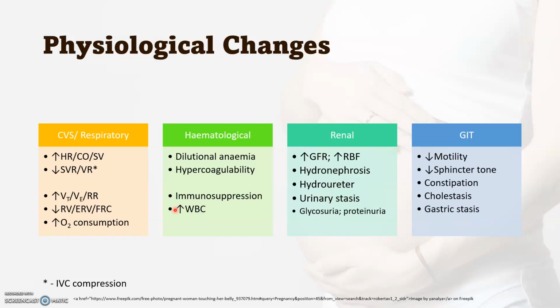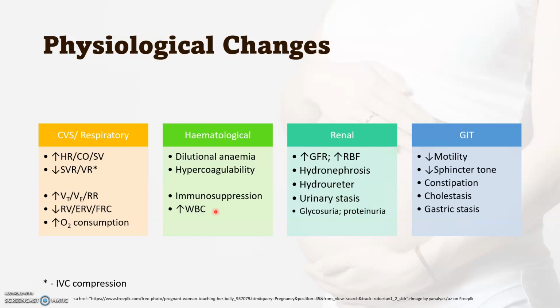However, it's normal to have an increase in white blood cell count in the pregnant woman, mostly due to an increase in neutrophils. Because of the increased blood flow, there's an increase in renal blood flow and glomerular filtration.